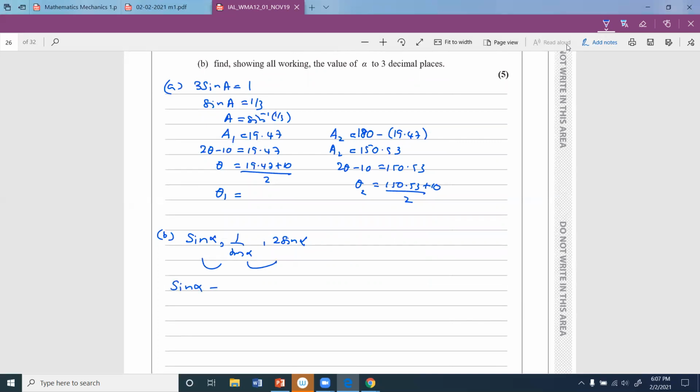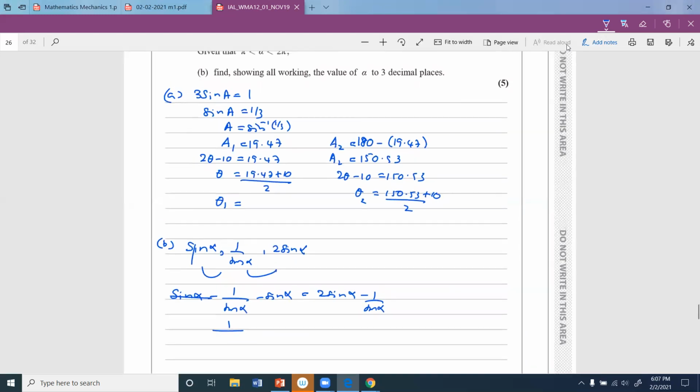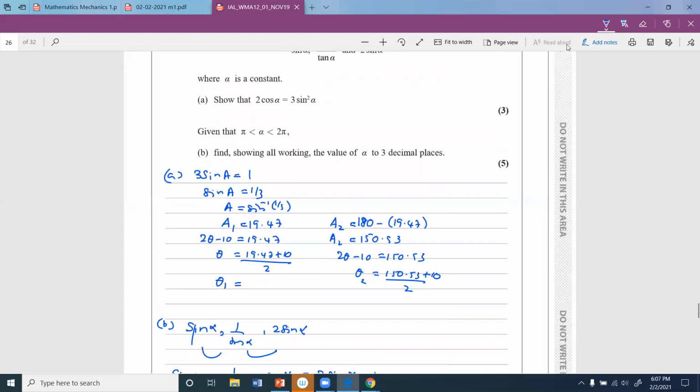1 over tan alpha minus sine alpha must equal 2 sine alpha minus 1 over tan alpha. That's the relationship we should form to get this answer. The difference between the first two is the same as the difference between the second two. That's the usual way we can get it. So you have tan alpha and sine alpha, but in your final answer, it consists of only cos and sine.